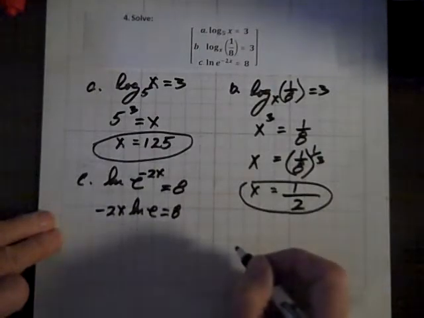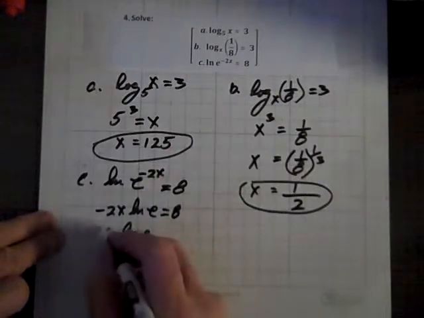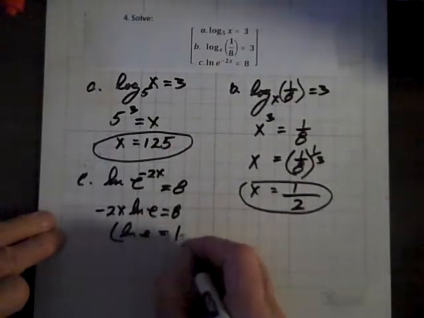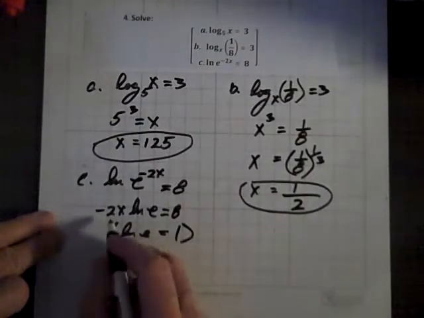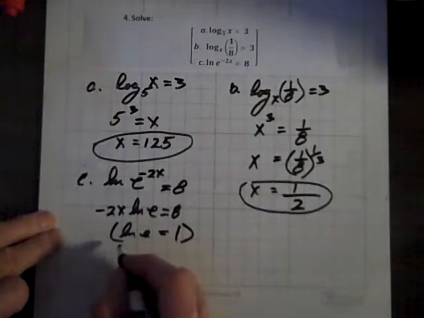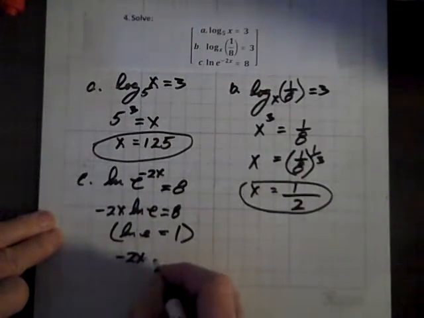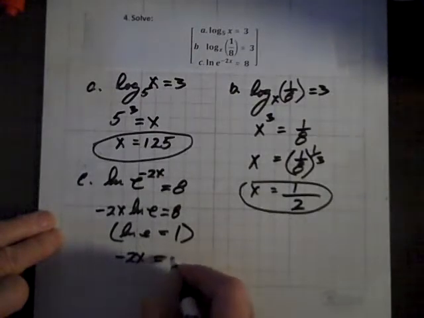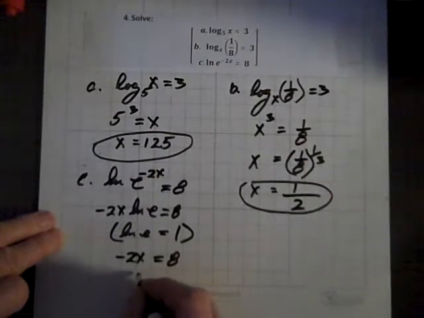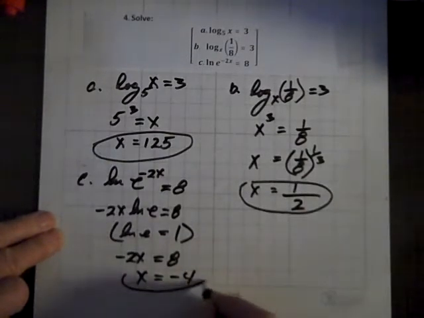Now keep this in mind: ln of e equals 1. So substituting 1 for ln of e, we have negative 2x times 1, which is negative 2x equals 8. Dividing through by negative 2, we get x equals negative 4, and we are done.